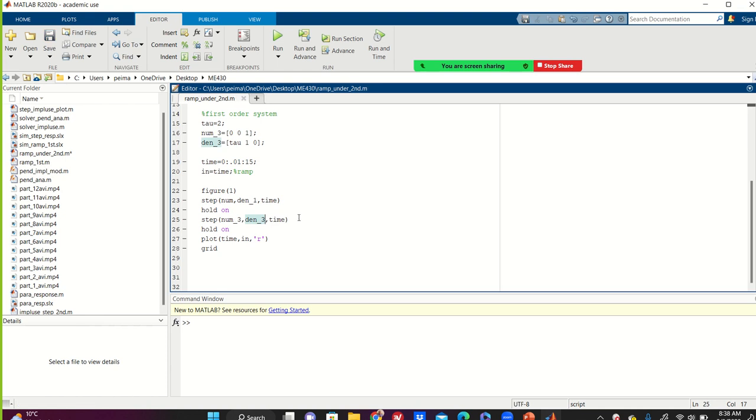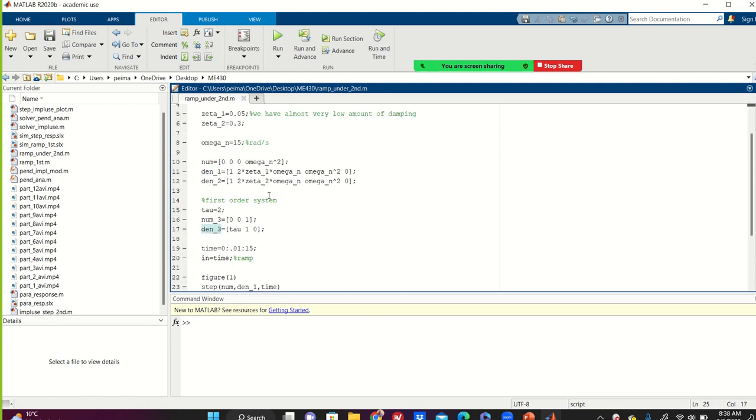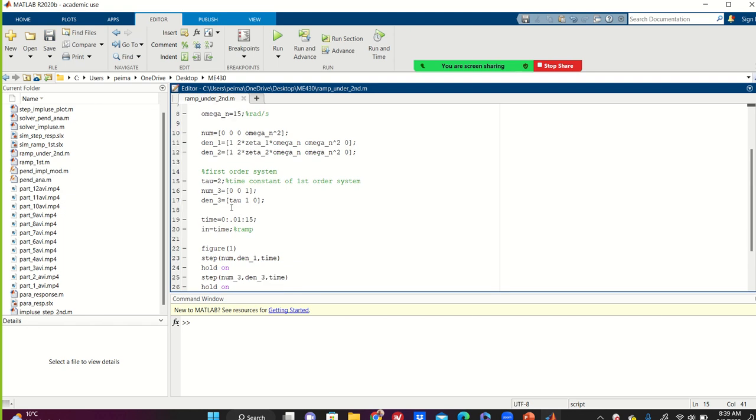I'm going to compare the first and second order system with underdamping, obviously. This was the time constant, remember? The time constant of the first order system.